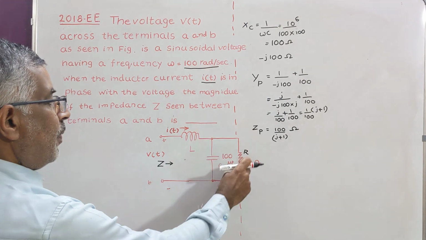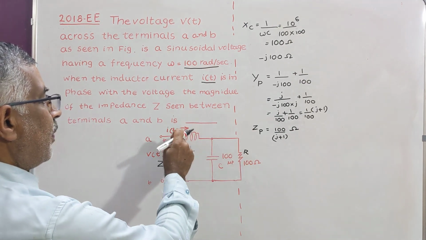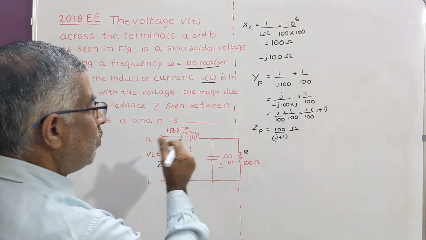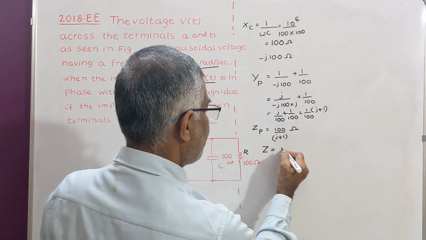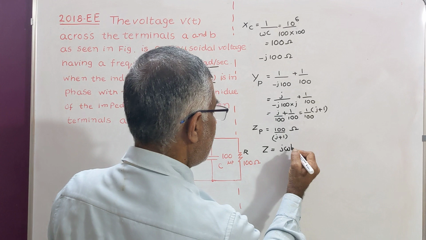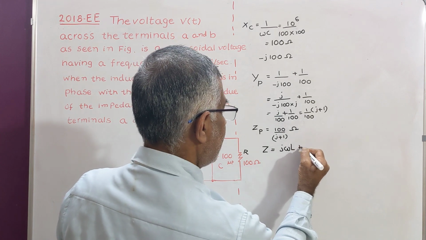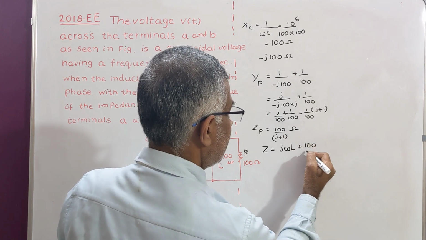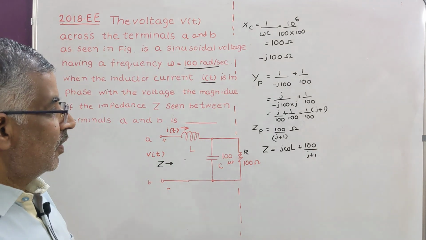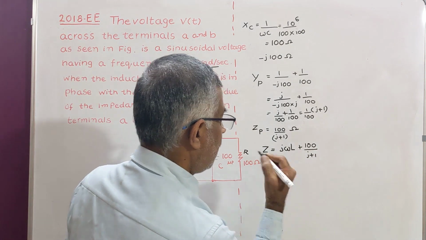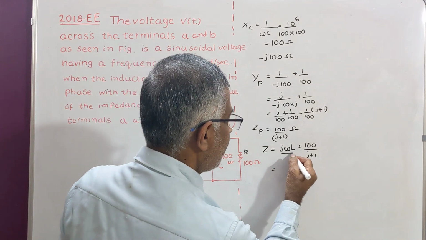Now, the impedance of this can be added with the impedance of this. That gives you total impedance Z. Total impedance Z equals J omega L plus 100 by J plus 1. Now I will take the LCM.